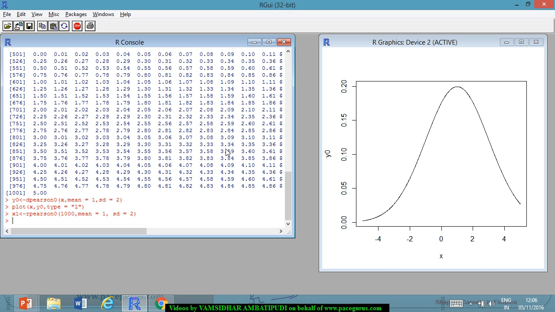Now on top of this graph, corresponding to the values of x with a mean of 1, let's say I want to look at the histogram associated with this, or the density function. Let me take a separate plot for this also. Plot x comma x1.